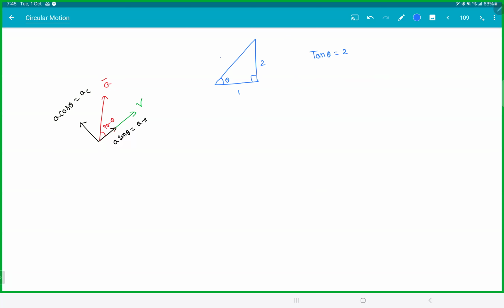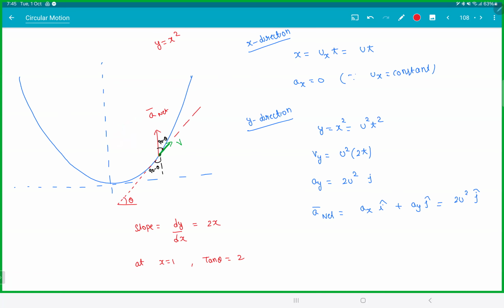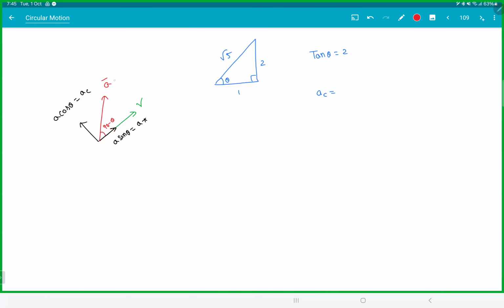This is 2, 1, and root 5. So a centripetal is how much? A is 2u square, which is constant. 2u square cos theta, 2u square by root 5. A tangential is 2u square times 2 by root 5.